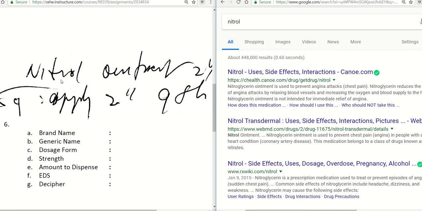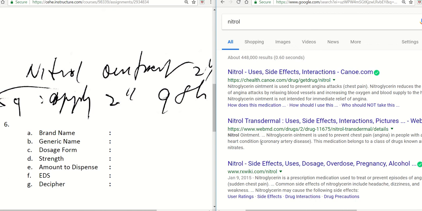The name gives it away. Nitro ointment. So the generic is nitroglycerin. What percentage do they want? 2%. Yeah.